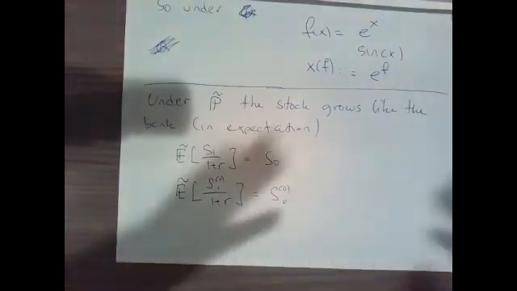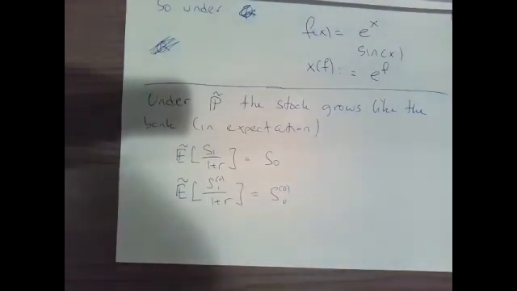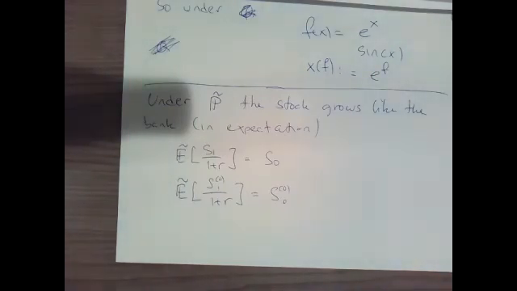Right, and people are in general risk averse. If you had the choice between a security that's going to grow in expectation with 5%, and a bank that has no risk and is going to grow with 5%, nobody would buy the stock.